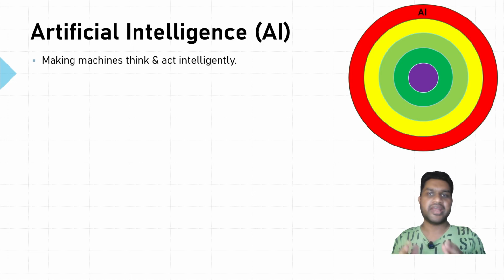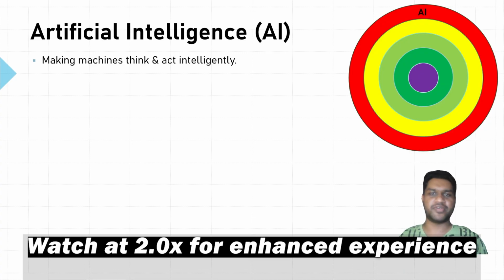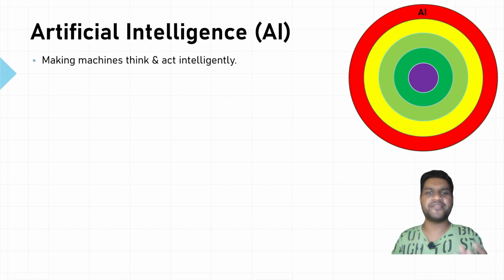As we know, by default only humans are intelligent. I mean, human is the most intelligent species. There are other species also, like lions, tigers, cats, dogs. Even they have a little bit of intelligence, but among all of them humans are the most intelligent, and that's why we are able to rule the world as of now.